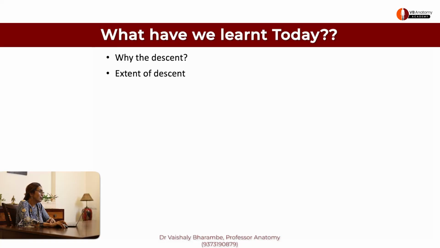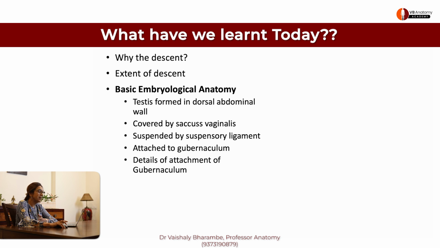So, what did we learn today? We learned why the testes, we had already developed the testes in lecture 1. So, we had it in the abdominal cavity. So, we asked ourselves the question, why the descent? From where to where is the extent of descent? Then we talked about basic embryological anatomy, testes, gubernaculum, processus vaginalis, and so on.